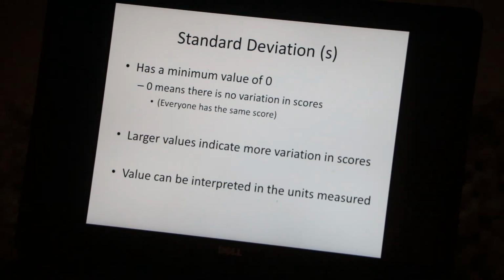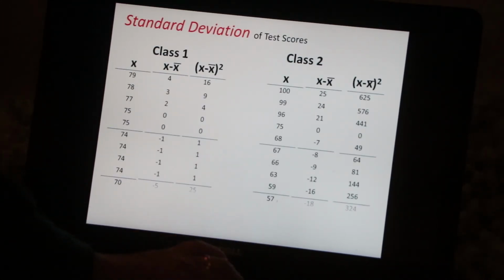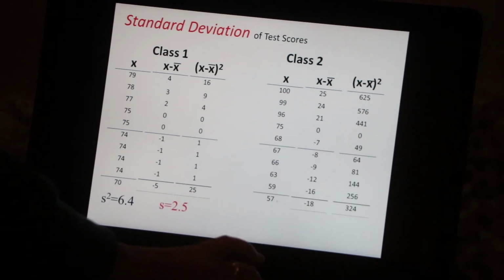So if the variable you're measuring is test scores, or number of drinks, or something like that, that's the unit of your standard deviation. It just relates back to whatever variable you're representing in your data.